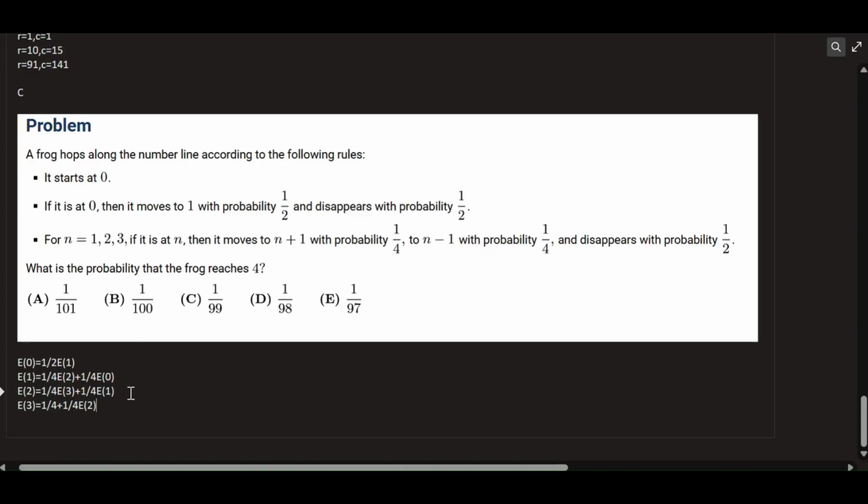We can then work our way through these equations and solve for them.